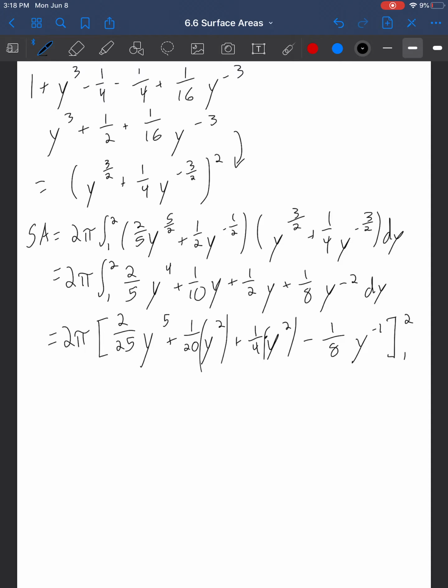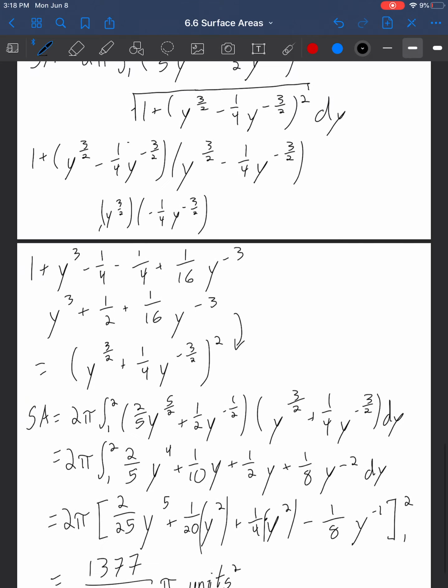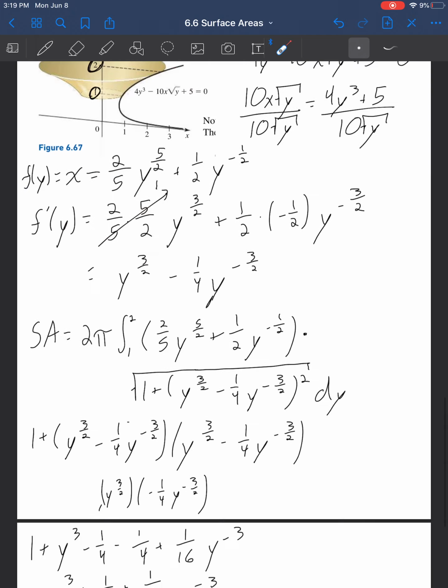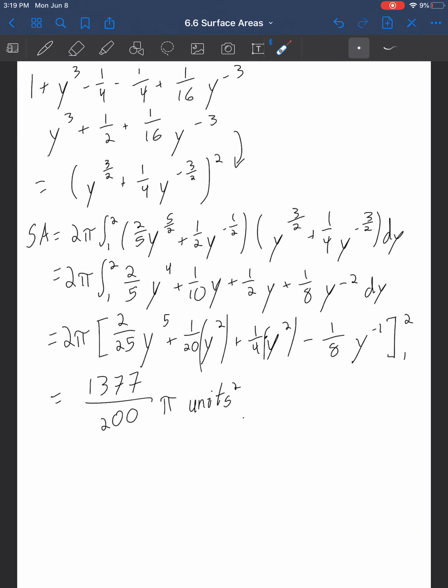So we can plug in 2, we can plug in 1, and we can get our final solution, which if you do all of that very, very gross algebra, you're going to get 1,377 over 200 pi. And I guess this would be units squared. So that is the surface area of this shape right here. So that is how much paint you would need to cover this shape in a coat of paint.